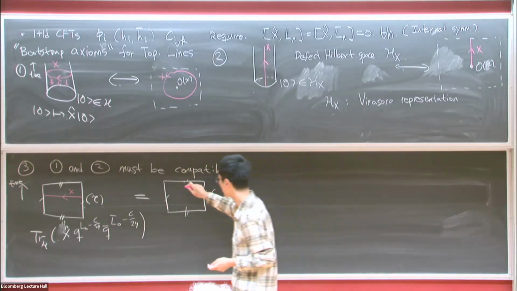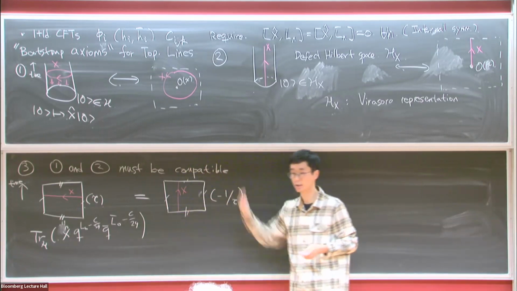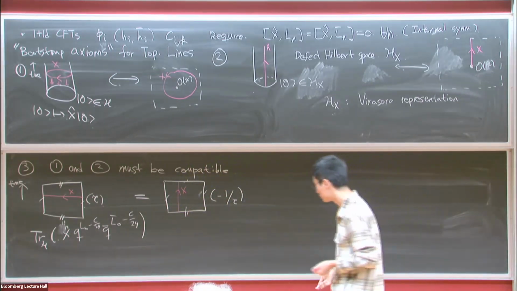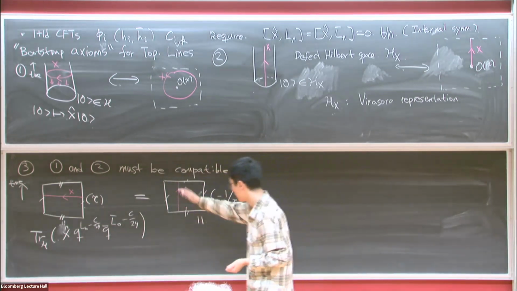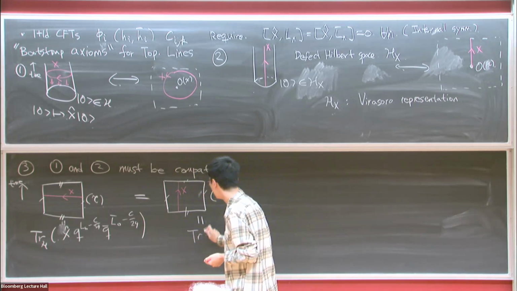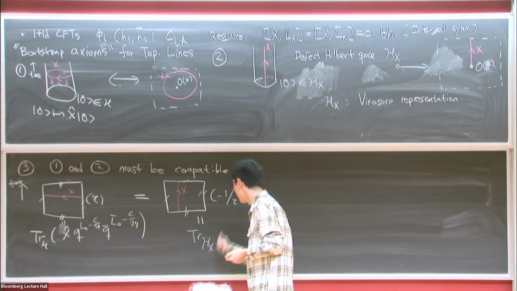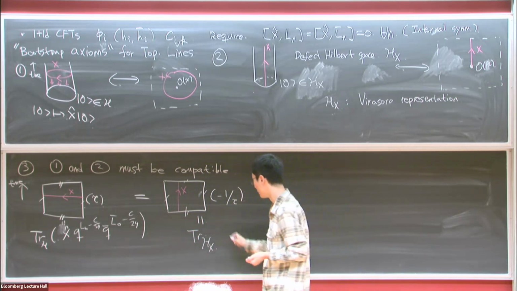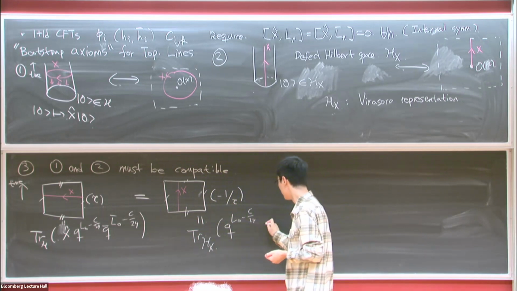When you do this S transformation, now the topological line will be running vertically. This picture, this path integral computes a trace over the Hilbert space of X, and you just time it.